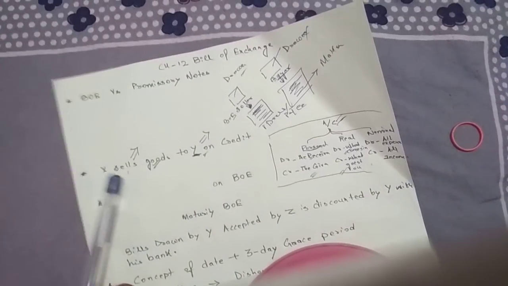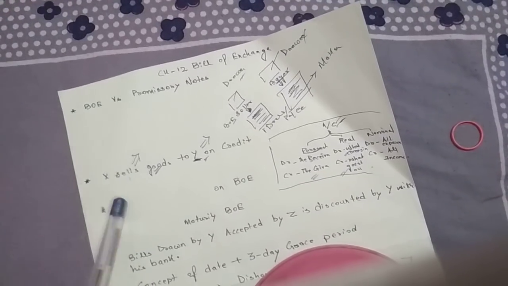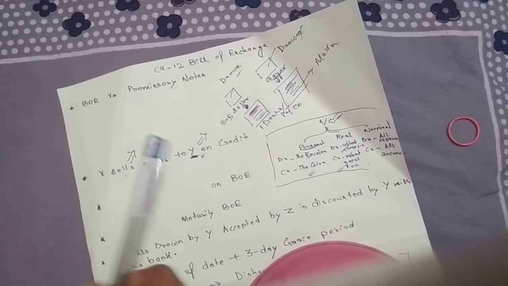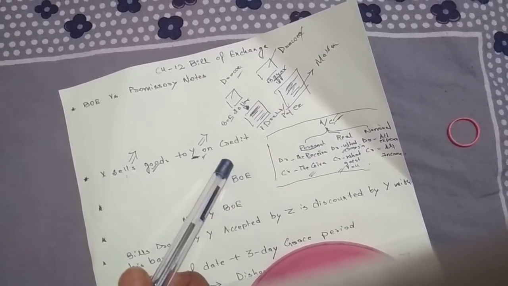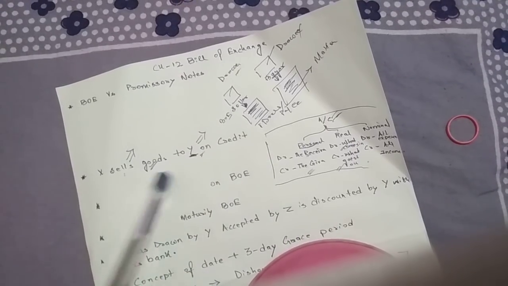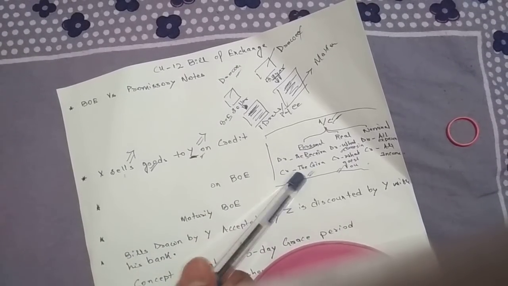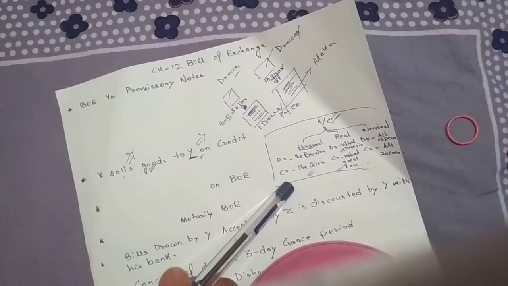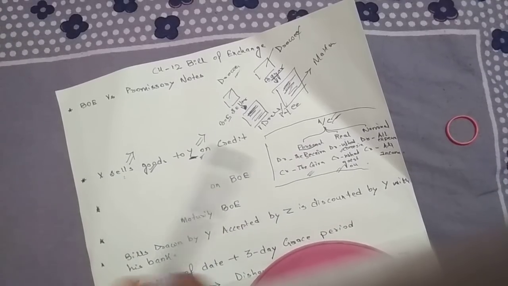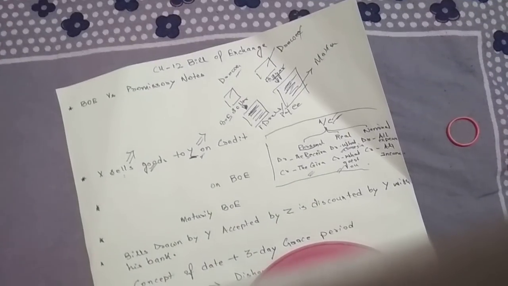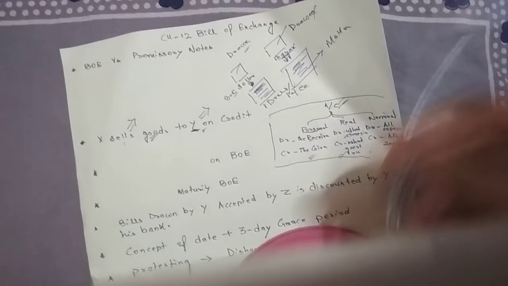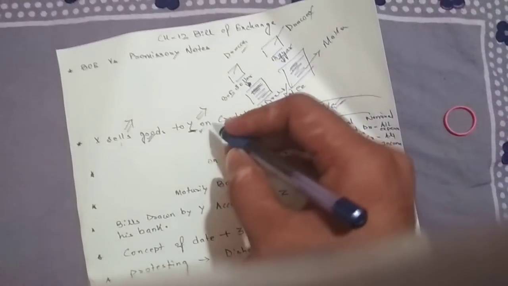Now when we write the general entry in the book of X, Y is someone with whom there is a dealing, meaning in future the amount will come. So we will use the personal account, here we are writing about Y. Y becomes the receiver because he is receiving the goods and he will pay in future.